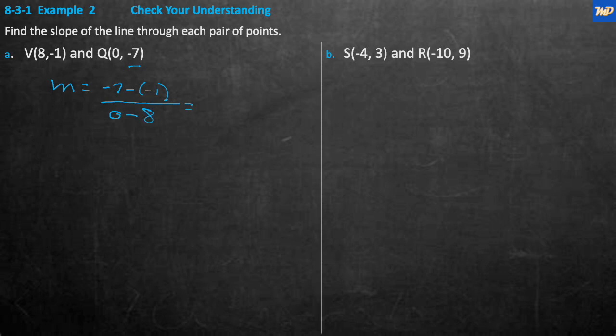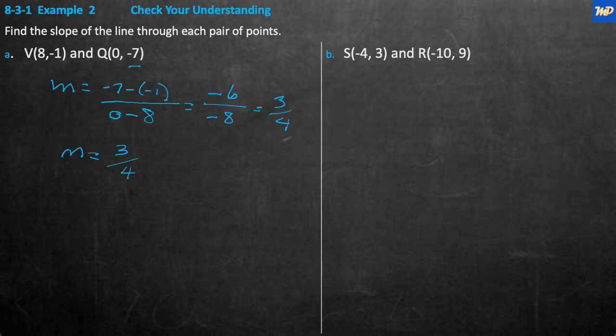And if we math this out, minus 7 minus a minus 1 is plus 1, which is equal to minus 6 over minus 8. And that equals 3/4, because a negative divided by a negative is a positive. So our slope m is equal to 3/4.